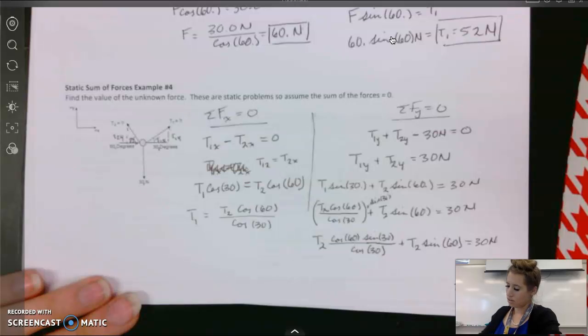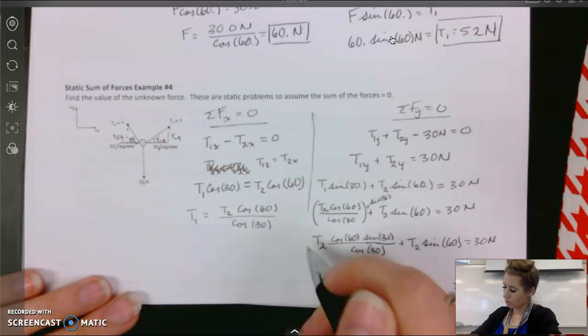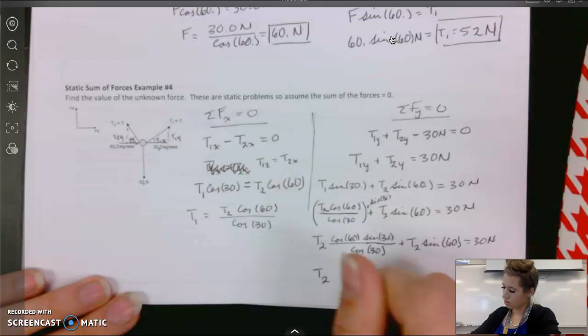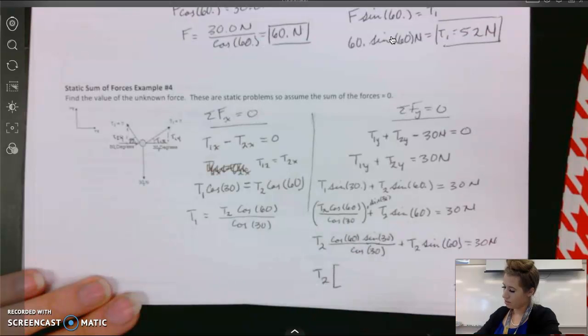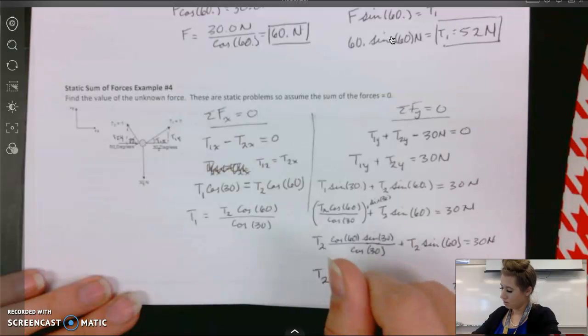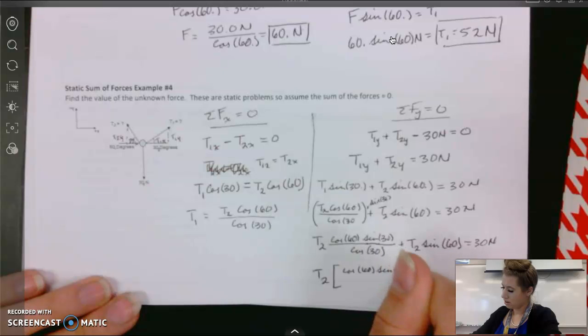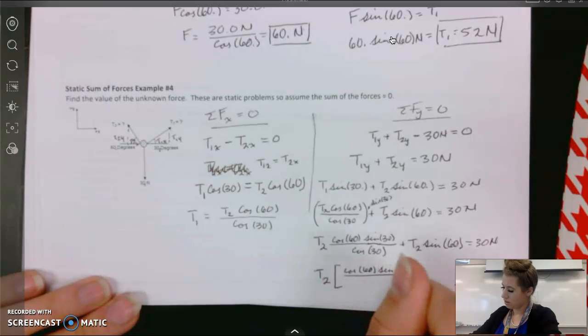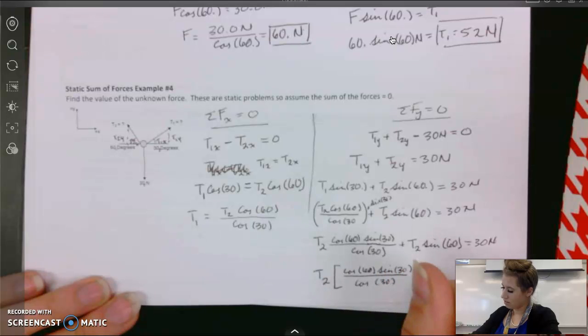Okay? And it's simple factoring. We just pull out T2 and we say T2 times the quantity cosine 60 sine 30 divided by cosine 30 plus sine 60.